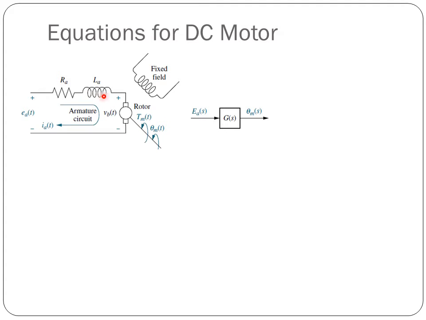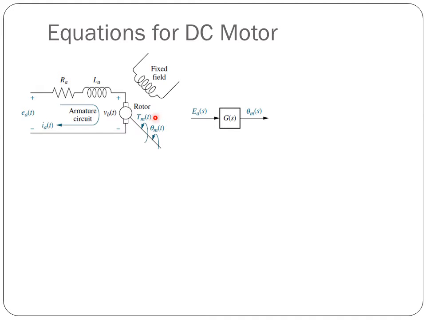So here in this circuit we get Ea, voltage drop in Ra and La, and there is a back EMF Vb, and the rotor is connected to an external mechanical system, where we will develop a torque.